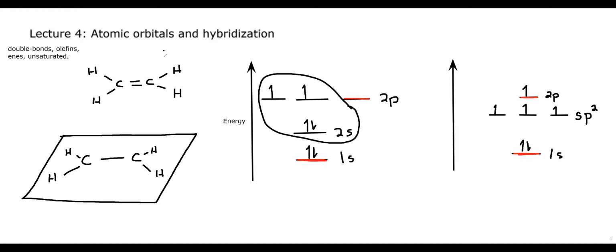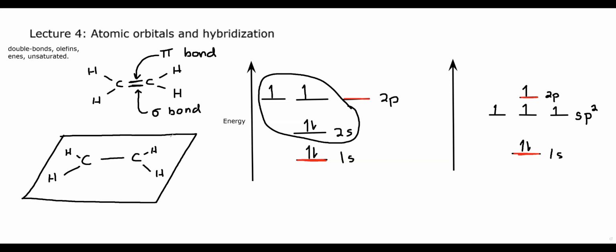This is a pi bond. Sometimes you'll see it using the symbol pi or just pi. And the single bond is still a sigma bond. So there's still a sigma bond, but there's also a pi bond in the case of double bonds, okay? So a double bond is composed of one pi bond and one sigma bond.